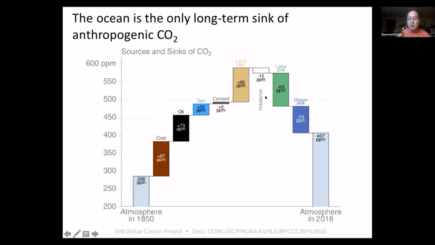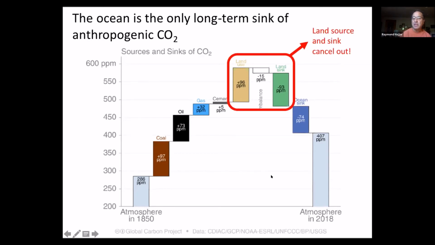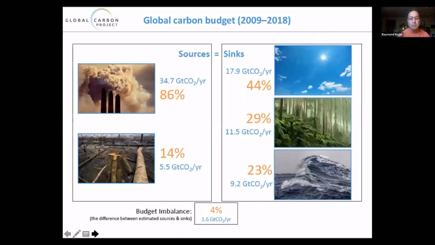And that's because the land itself has also absorbed carbon dioxide, for a variety of reasons. But also the ocean has absorbed carbon dioxide as well. And so that's why we're down here instead of up here. We've got these land and ocean sinks. And you can see the land actually cancels out. So really the ocean is the main long-term permanent sink. And that's why it's so important with regard to the carbon budget of the atmosphere.